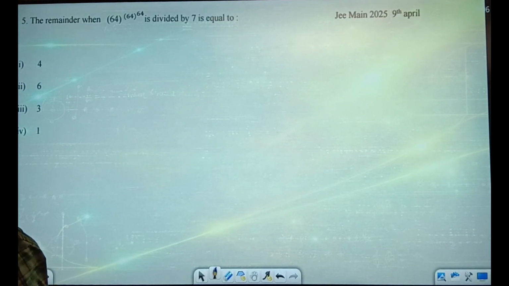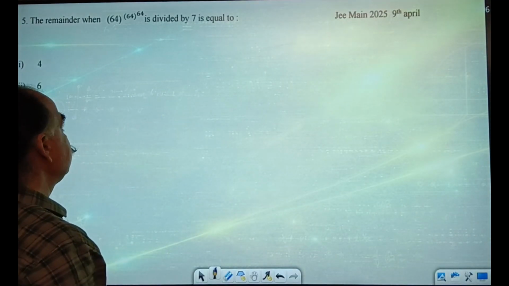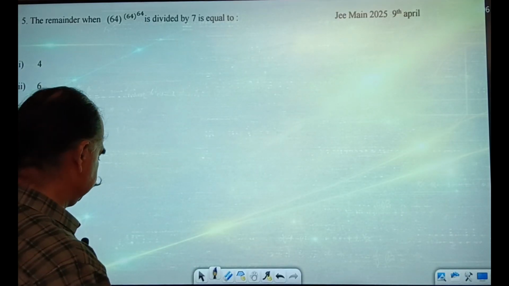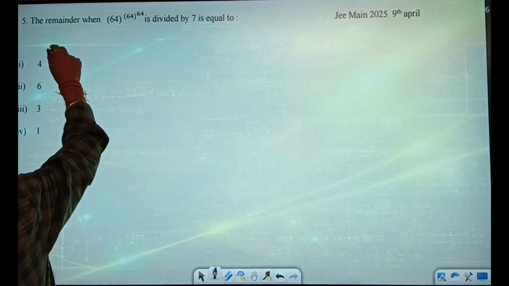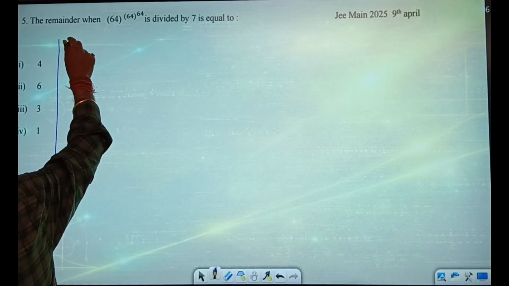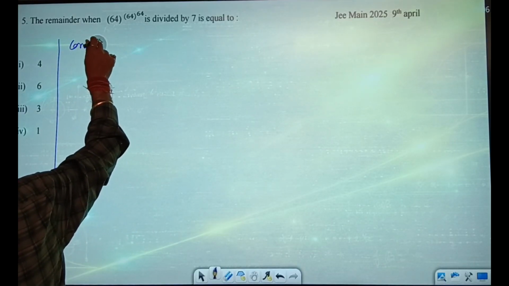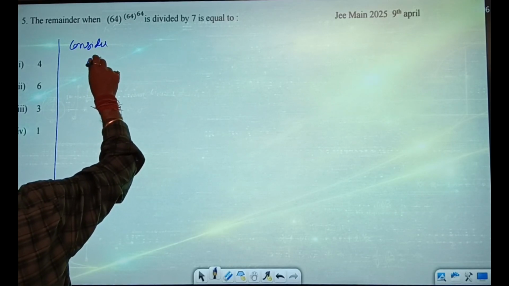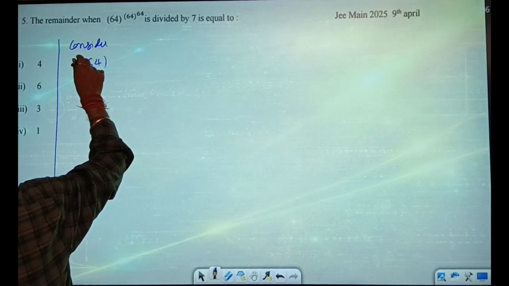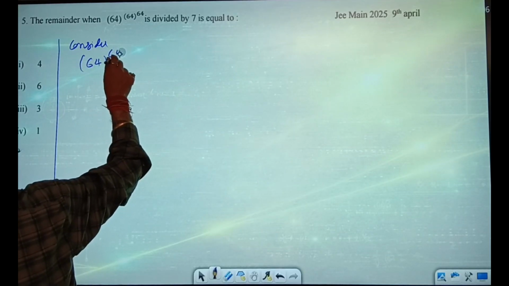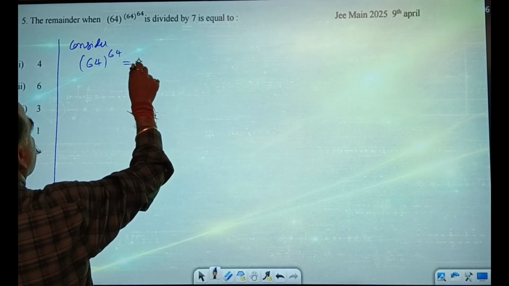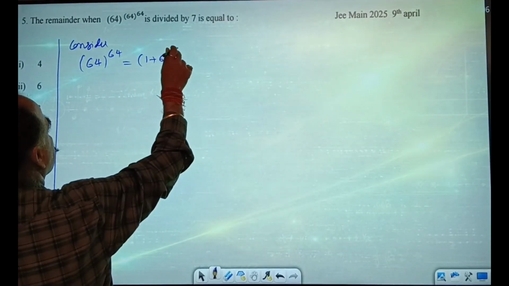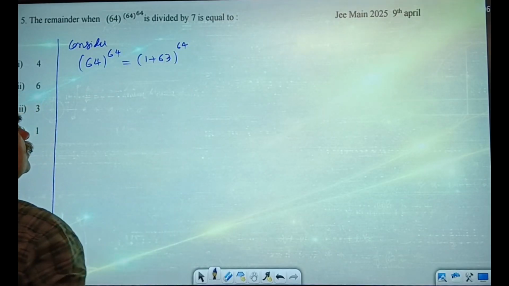The next problem is the remainder when 64 raised to 64 is divided by 7. Consider 64 raised to 64, which is (1 + 63) raised to 64.